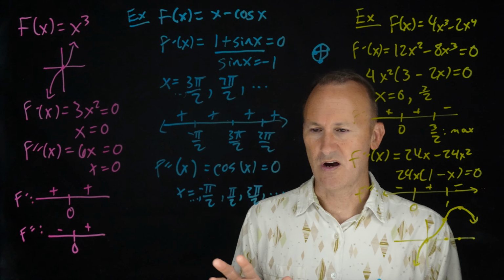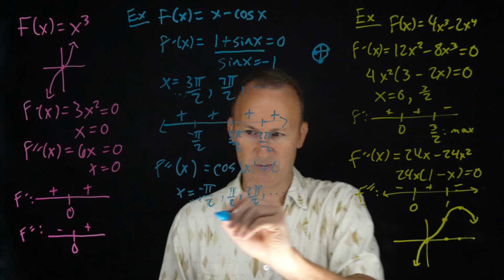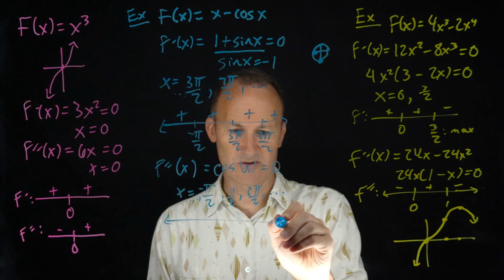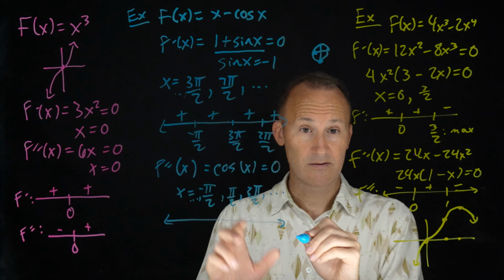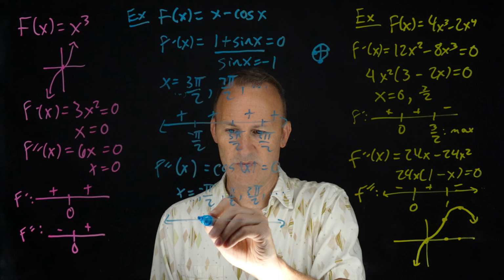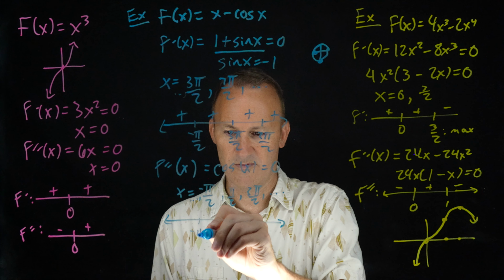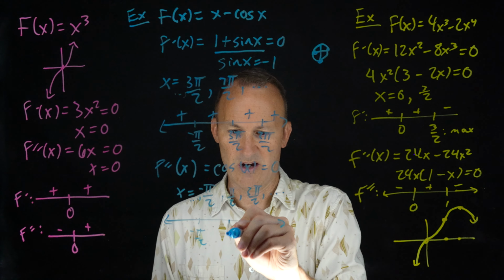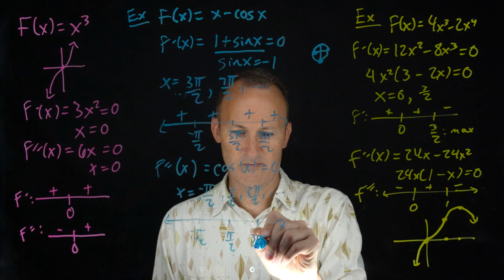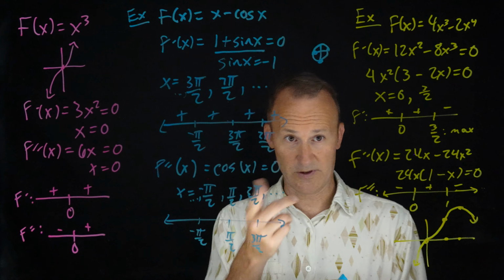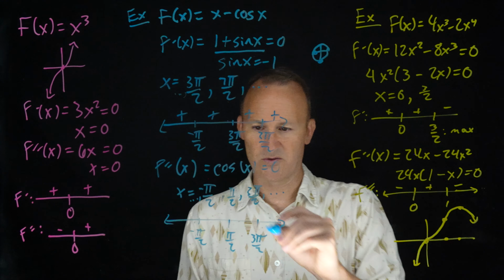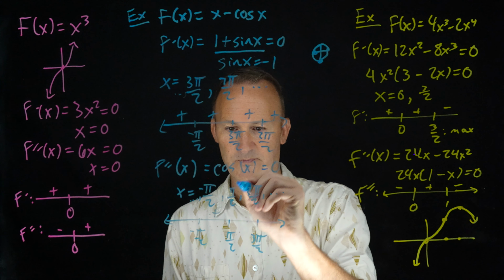Okay, so let's find out now what's going to happen with these critical points. These potential inflection points, right? The inflection points. And let's just start with negative pi over 2, pi over 2, and we'll go with 3 pi over 2. Okay, again, we'll start with the easiest one, 0 in the middle. It's just right here, it's cosine. So cosine of 0 is 1, this is positive.